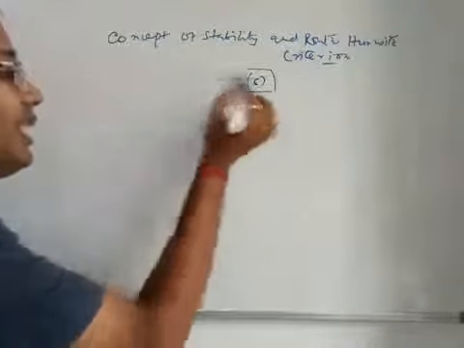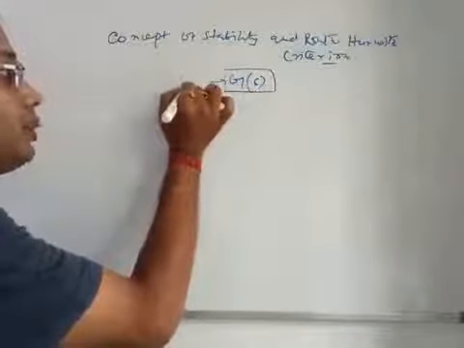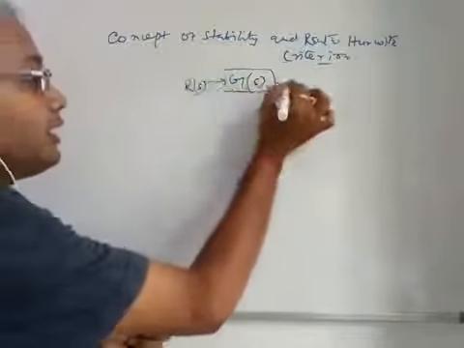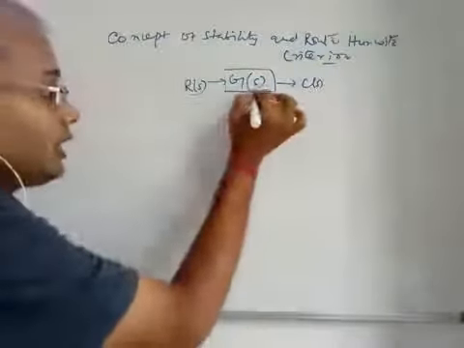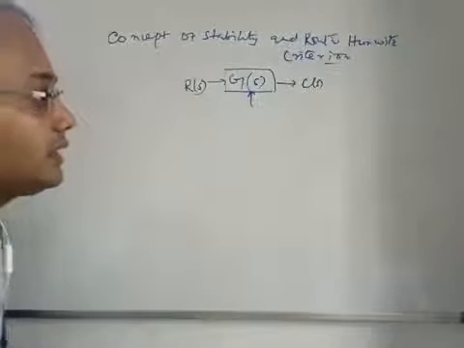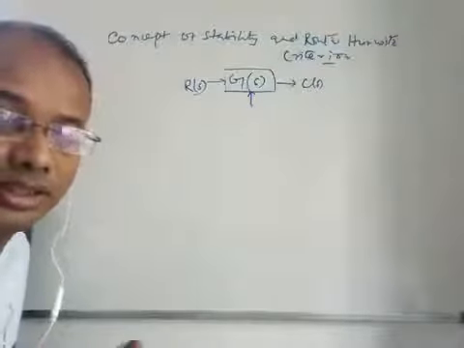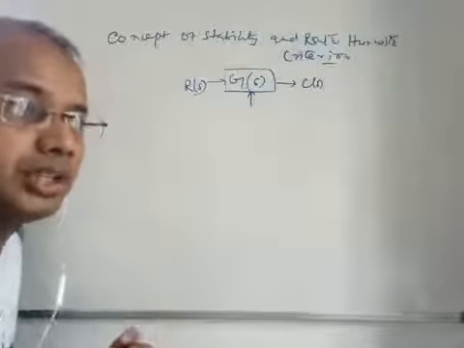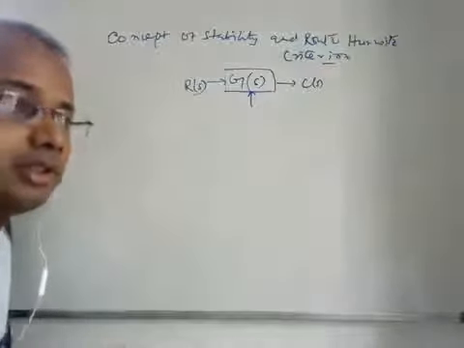That means this is your system, and any kind of input is applied, you are going to get the corresponding output. Now whenever you are writing like G(s) or H(s), there is always a physical system acting behind it, right? Maybe a mechanical system, maybe electrical system, maybe pneumatic system, maybe hydraulic system, maybe thermal system, whatever.